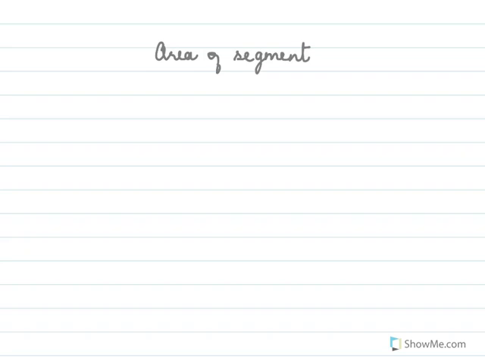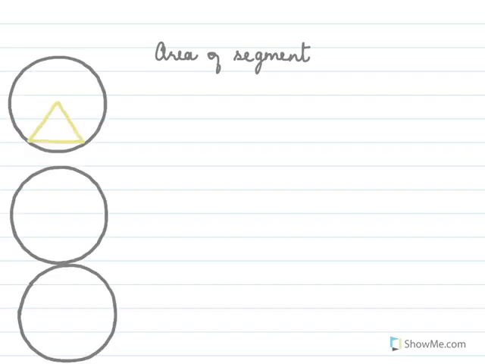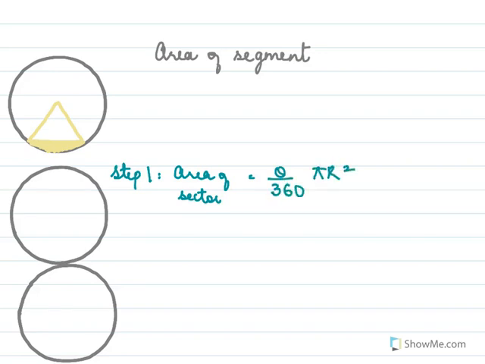Next we need to find the area of the segment, and we have to follow 3 steps. This is the segment, the area that we need to find out. In step 1, like we did earlier, we need to find the area of the sector, which is theta by 360 pi r square. The sector here is OAB.